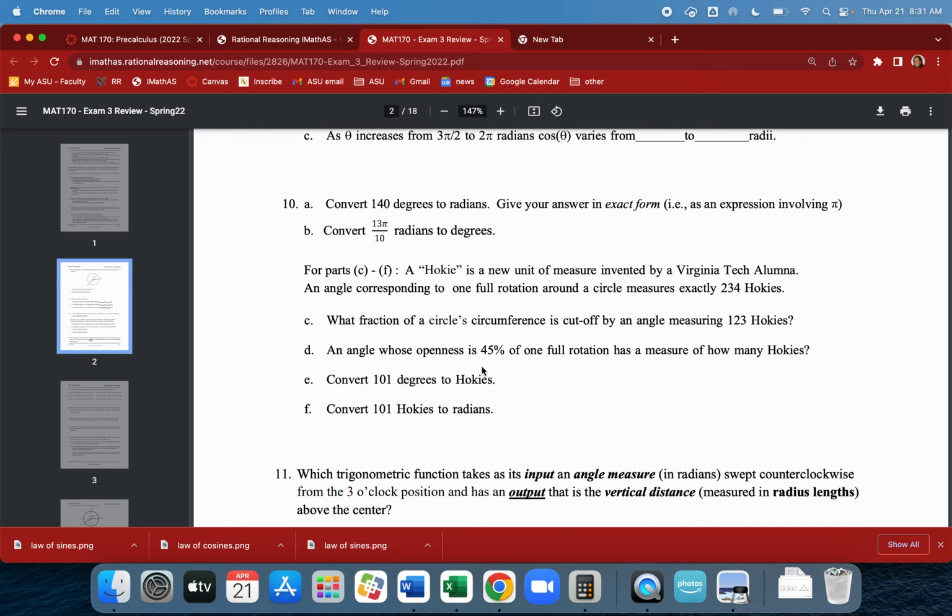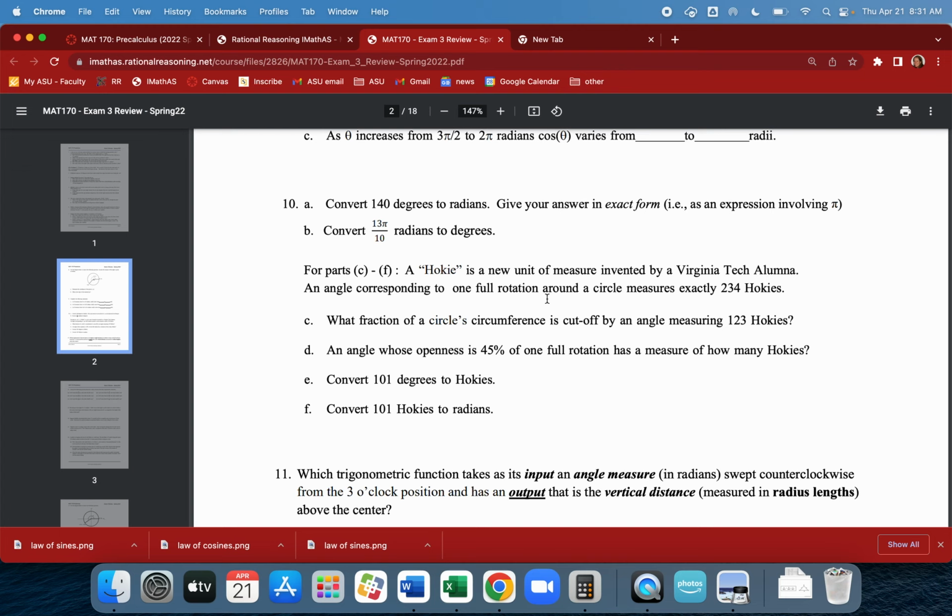If I wanted to convert 140 degrees to radians, well, 140 degrees is a certain portion of 360 degrees. The number of radians that I want would be the same proportion out of 2 pi radians, which is all the way around a circle. And so I could solve for the number of radians by solving that proportion.